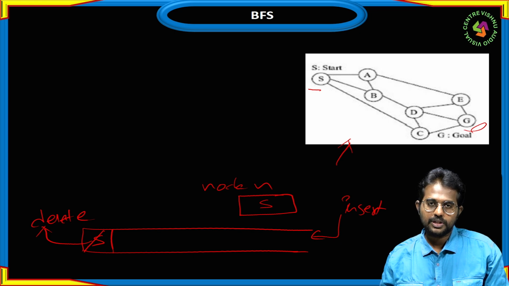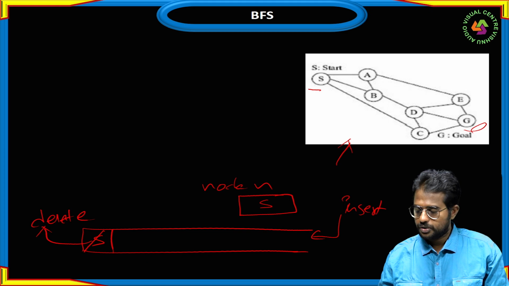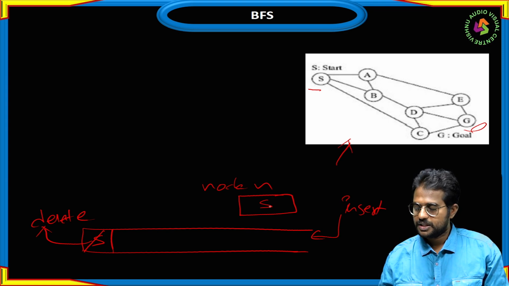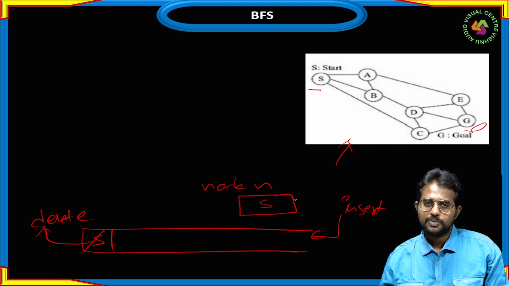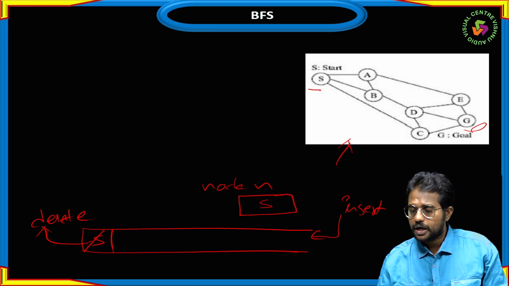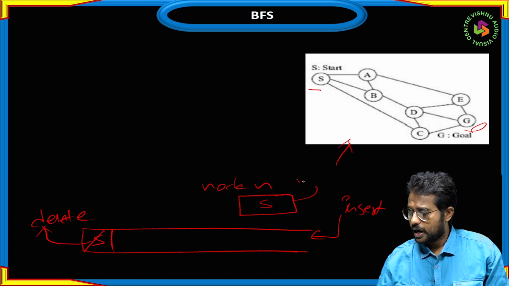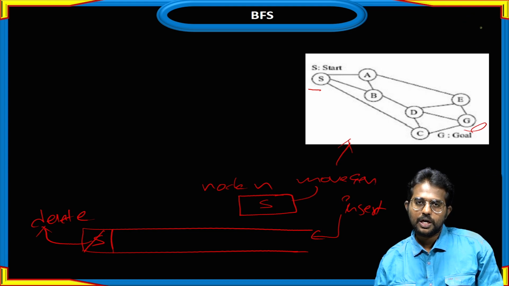The second statement is to apply the test condition on this node n. So I am applying the goal test on S, and the goal test of S will be false because S is not a goal node. So I will execute the else part. In the else part, I have to apply the moveGen function on S, and I will add all the successors of S into the queue.